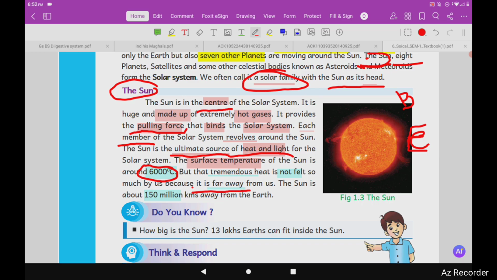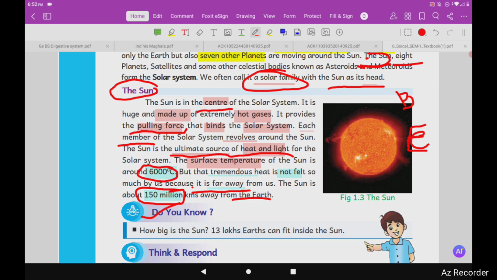Even though the sun has a temperature of 6000 degrees at the surface, we feel only a little heat. The cause is that it is far away, about 150 million kilometers from the earth. That is why we feel only a little bit of heat.